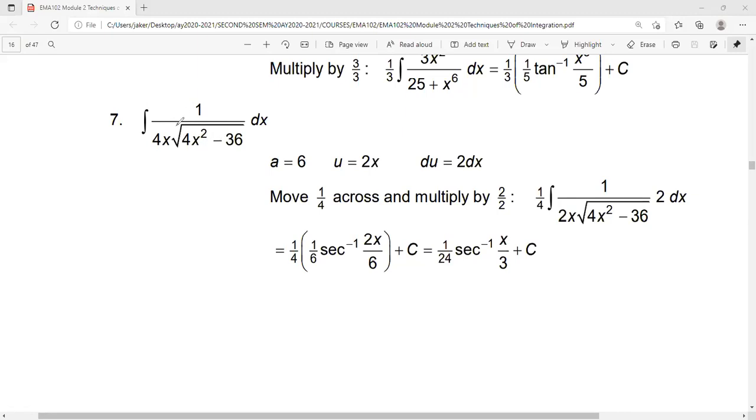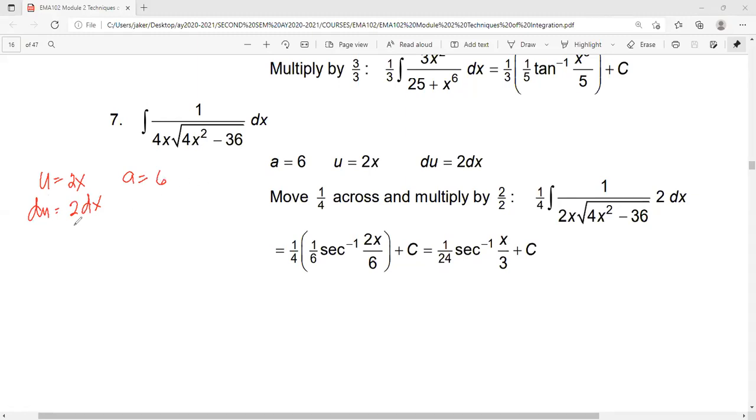This one here, the u squared expression is written first and then followed by a number. So your u in this case, what's the square root of that? 2x, right? Your du is 2 dx. Your a, square root of 36, is 6.